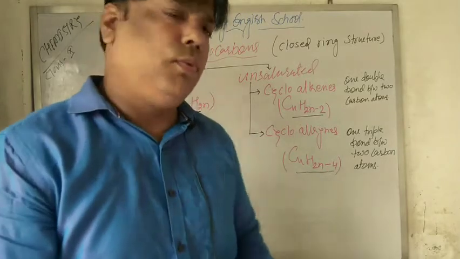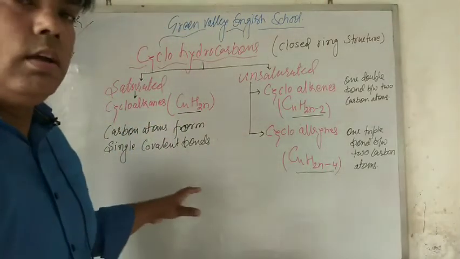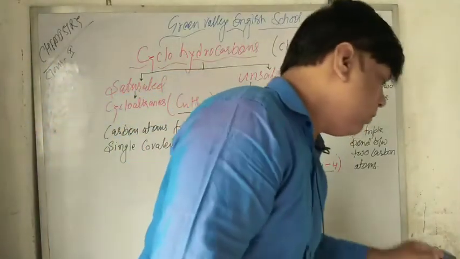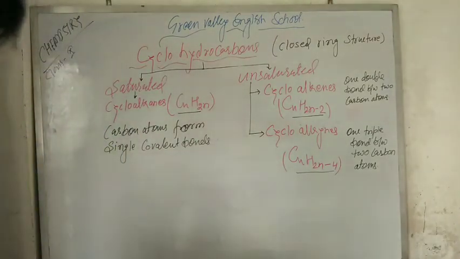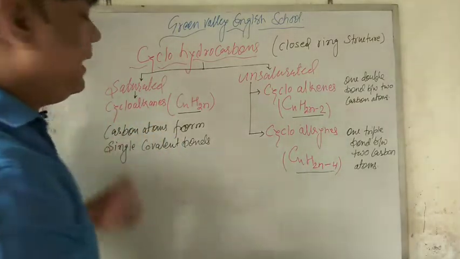So first of all, take a snapshot of this flow chart, and I will explain it with the help of some examples, right? Take a snapshot first. Okay. Now I'm going to explain it one by one.